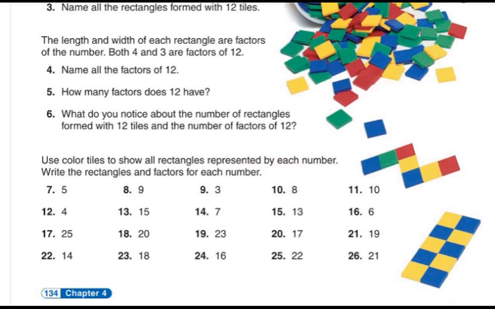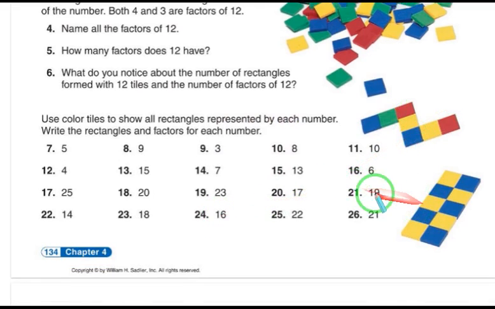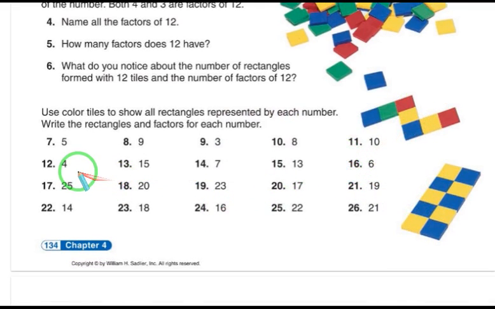I really wish you had colored tiles that you could help me with this. Now what about 5? We need 5. We have only one way to form 5 tiles, which is 5 times 1. So you have to notice that we are forming rectangles. If we had a shape like this one, it's not a rectangle, so it wouldn't be counted, okay?